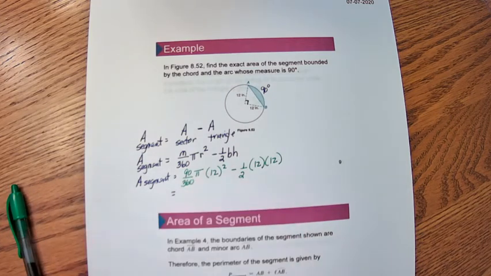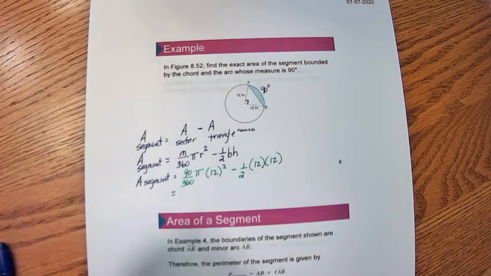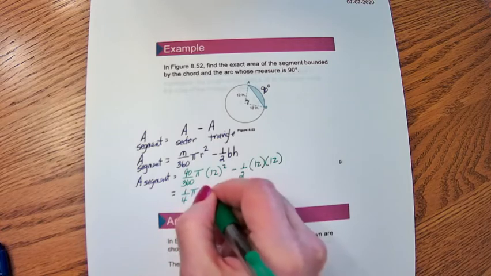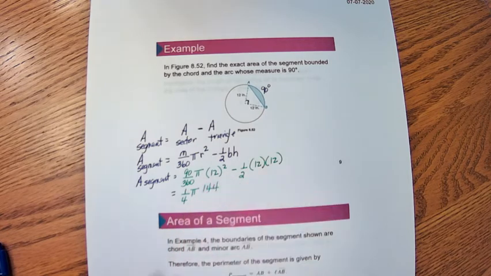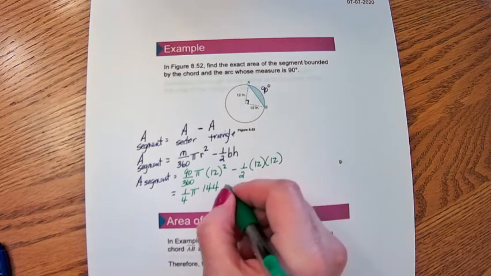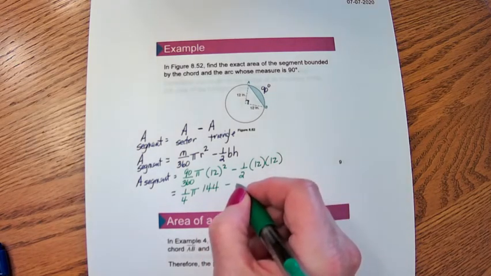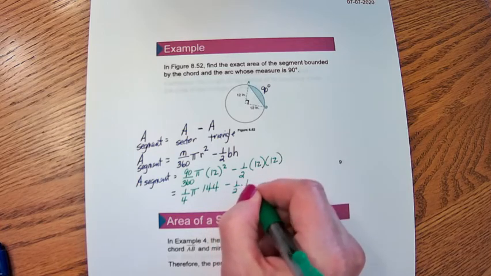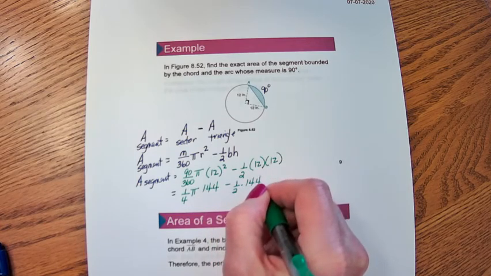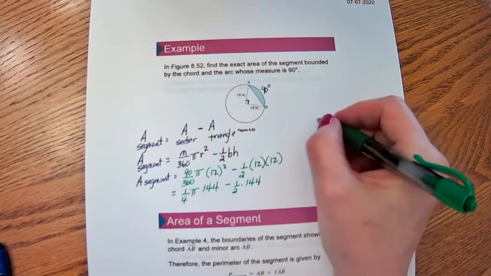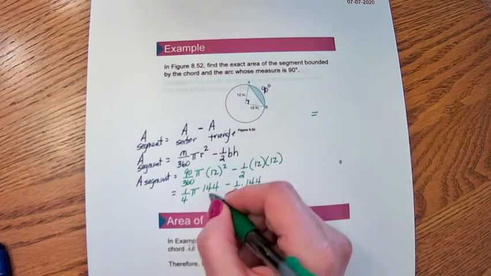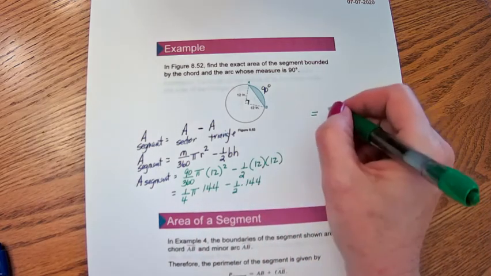So the area of this segment is going to equal 1/4 pi times 144, because 12 squared is 144, minus 1/2 times 144. All right, so our area is going to equal 1/4 of 144 is 36.